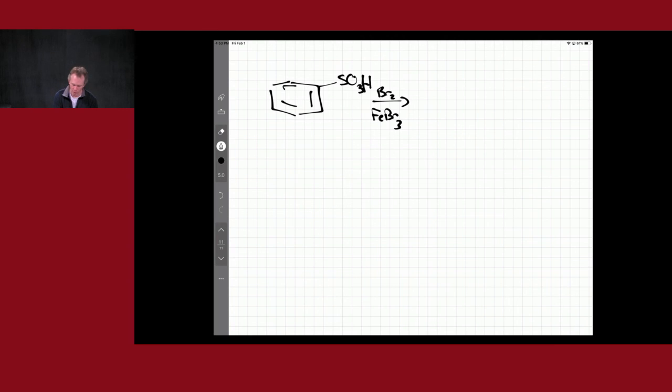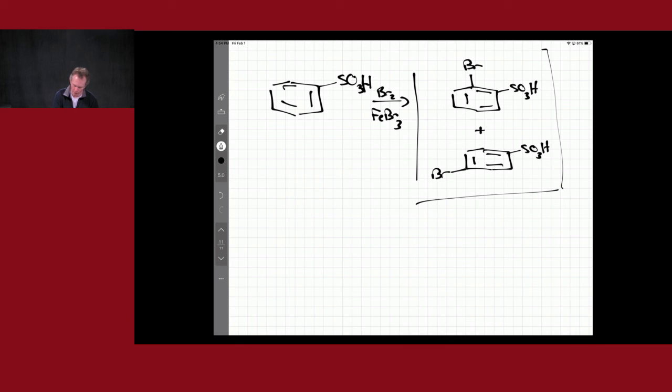So again, we'll group them, ortho, para. Okay, so there's my ortho isomer. Here is my para isomer. Well, again, we'll put those in a box.